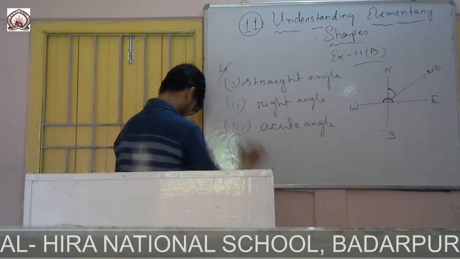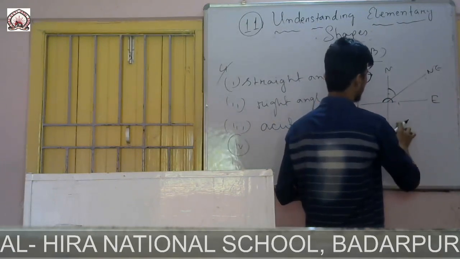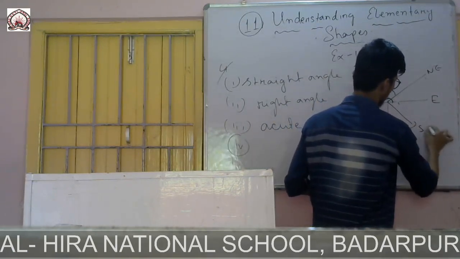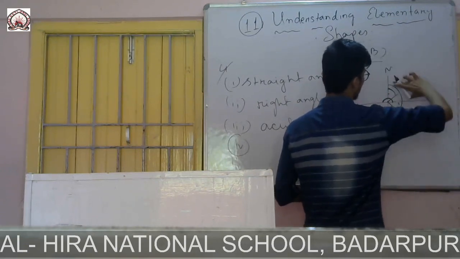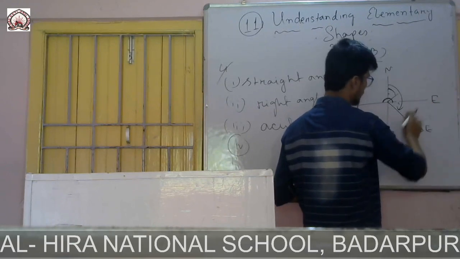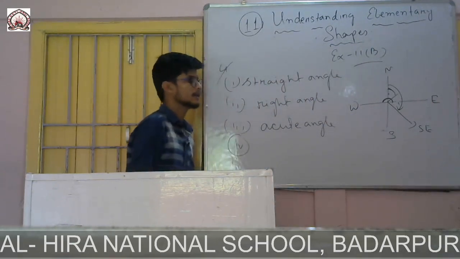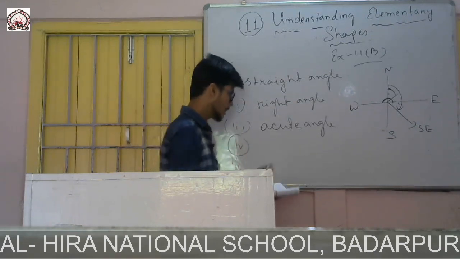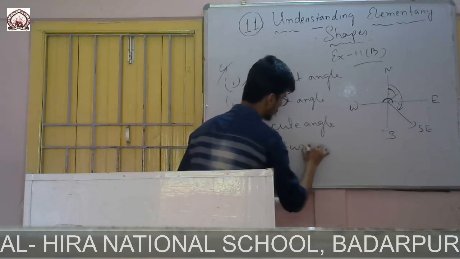And Roman number 4, north and southeast. If I start from here, this one is 90 and this one is 90 plus 45, that means it is more than 90 degrees but less than 180, so I will write it as obtuse angle.